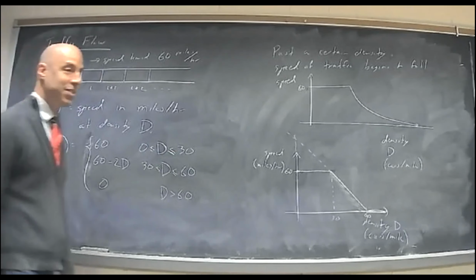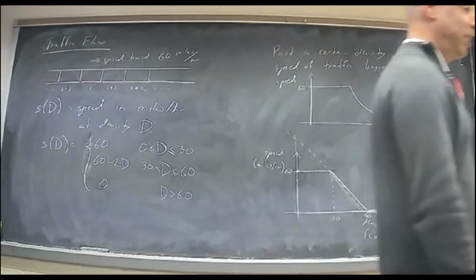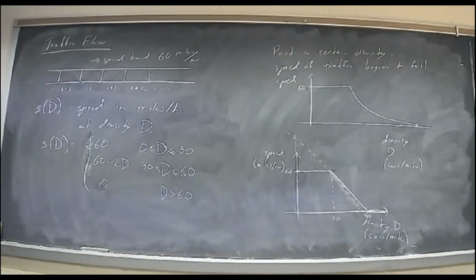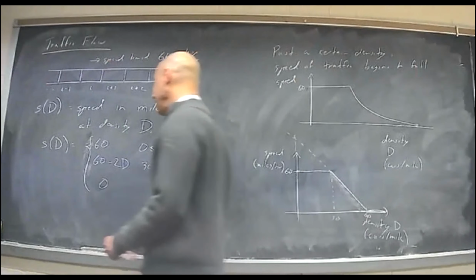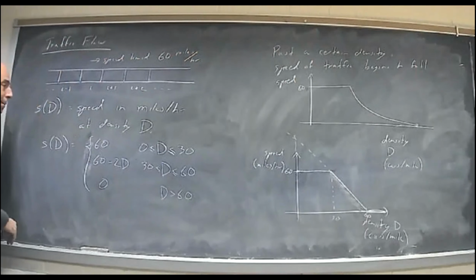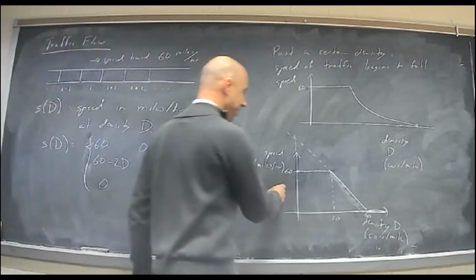You've probably all been stuck in traffic, which was essentially not moving. I have. I used to get stuck on the Cross Bronx Expressway all the time. And that gives us a picture that looks like this.